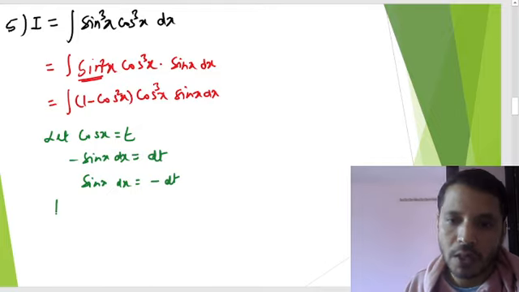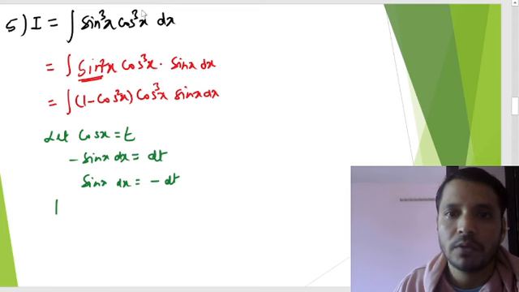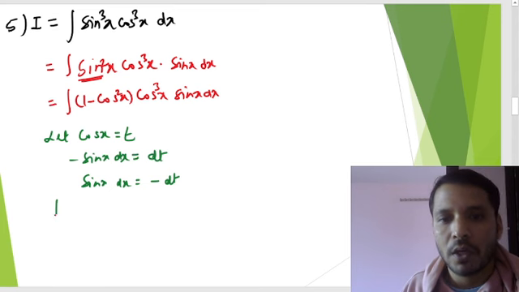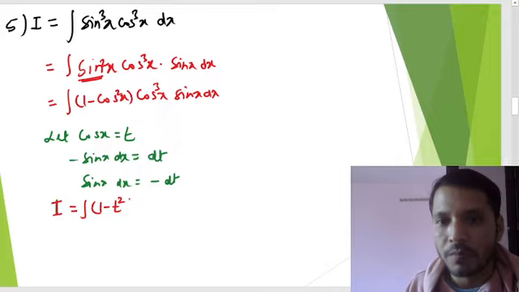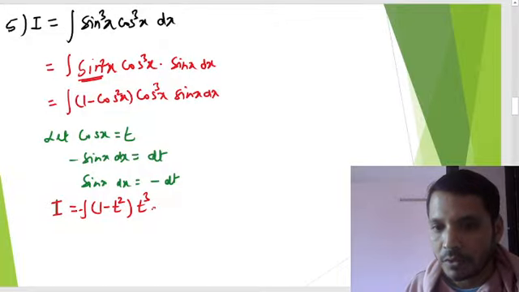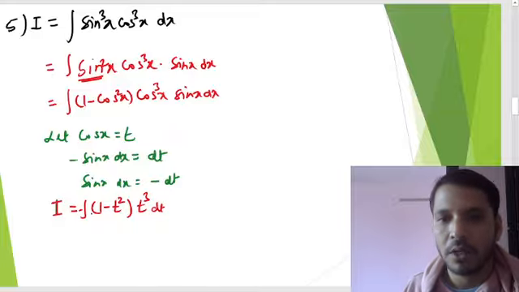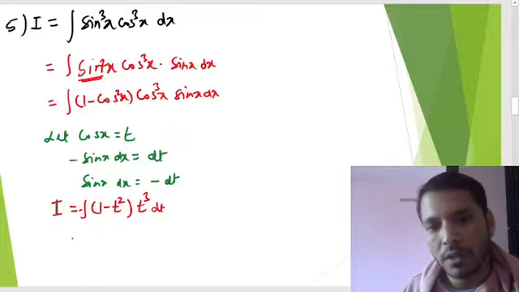So our integration will become integrate 1 minus t square into t cube, and the minus sign we will take outside because we have minus dt.